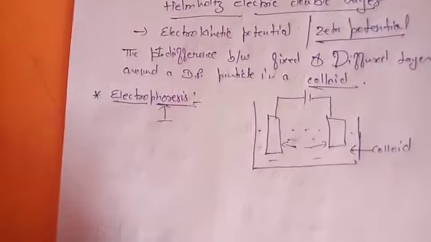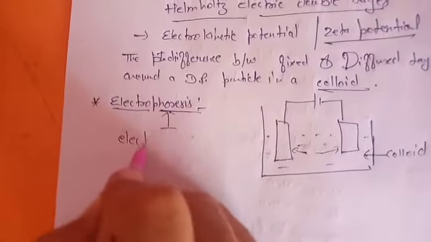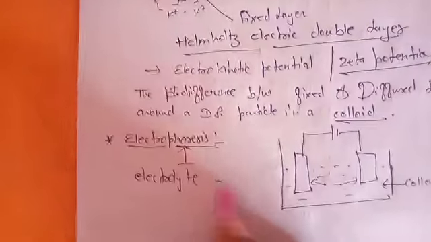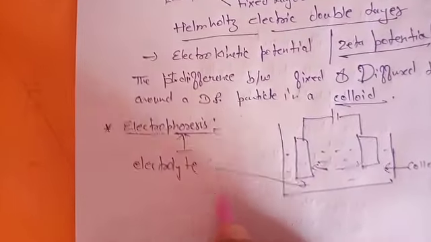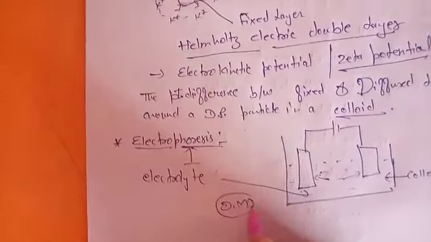If you want to stop that movement, meaning you do not want the dispersed phase particles to move towards the electrodes, then you can use an electrolyte. An electrolyte will be added which prevents the dispersed phase particles from moving, but in that case the dispersed medium particles will start moving.